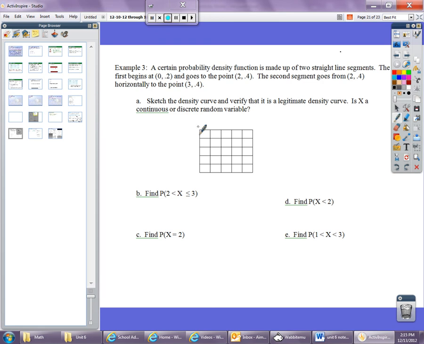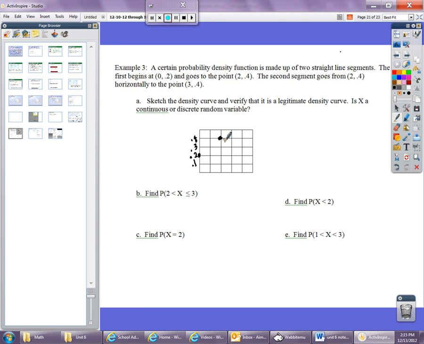So in this problem, you had, first begins at 0.2. It'd probably be helpful, because if you notice I have 0.4 here, to go ahead and count by tenths. Okay, so that's 0.1, 0.2, 0.3, and 0.4. So it starts at 0.2 and goes to 2.4.